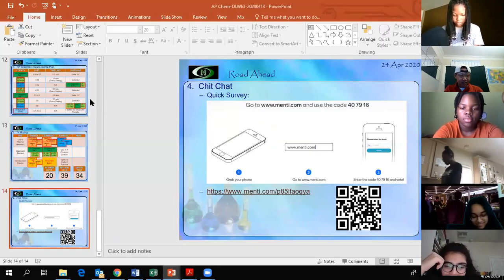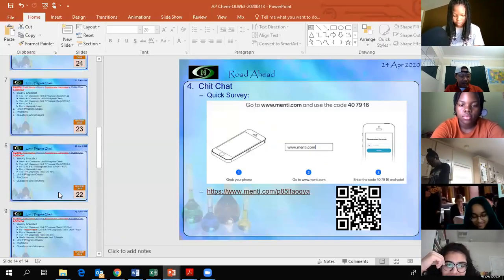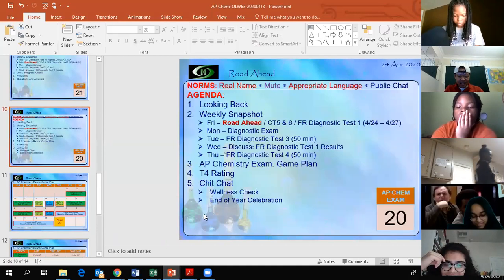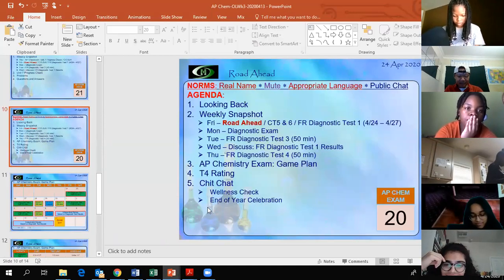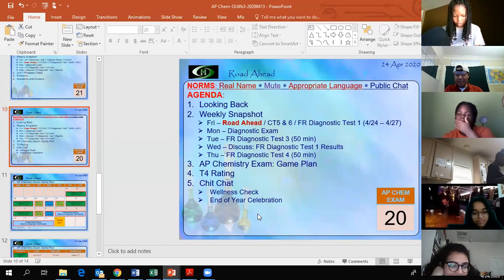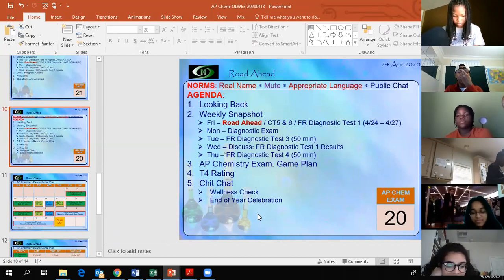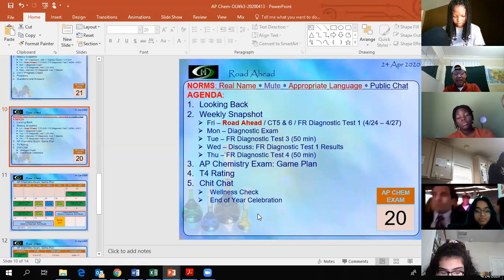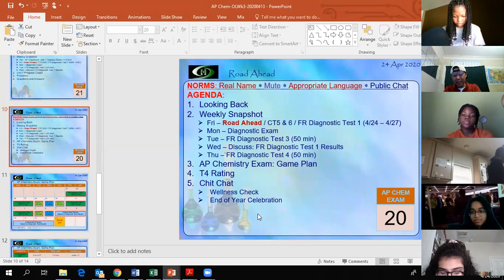Just in case you don't know, before you head out, see the last thing on my agenda, end of year celebration. I actually wanted to do this again about a month from now, right around May 20-ish, after the exams are over.